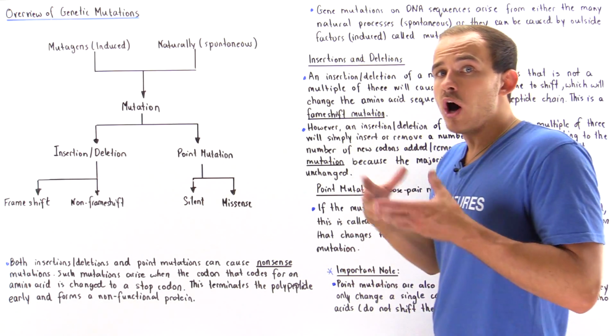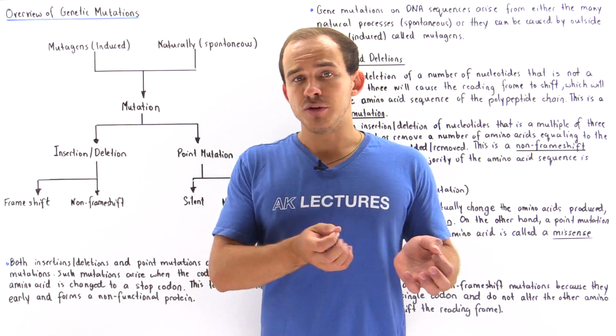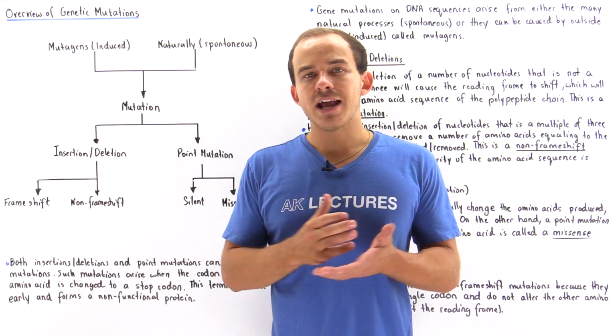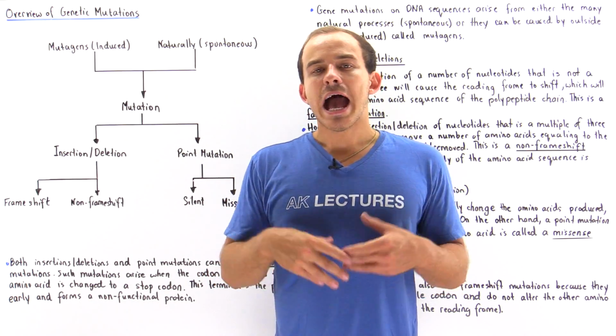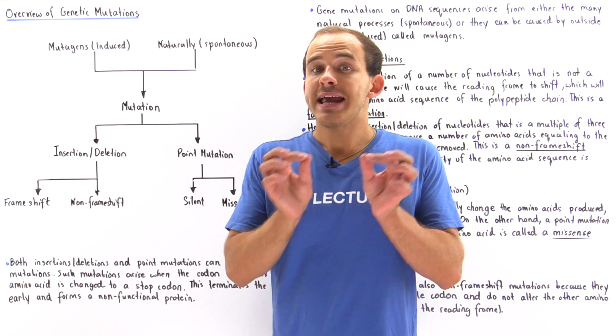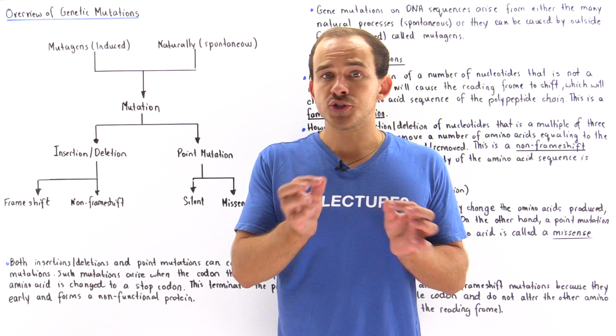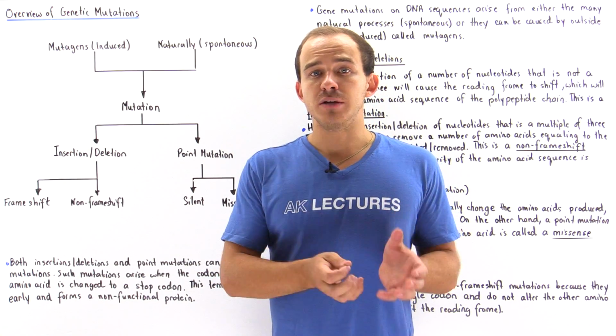For example, one process in which an error can lead to a gene mutation is DNA replication. During DNA replication, our DNA polymerase can make a mistake and incorrectly base pair a certain nucleotide pair, and that will create our gene mutation.